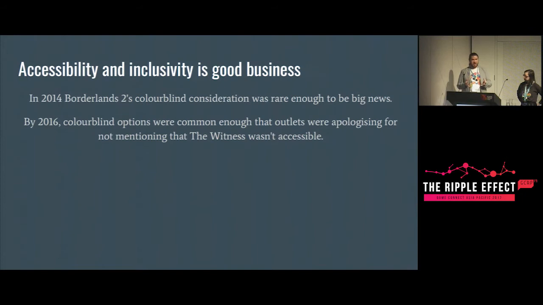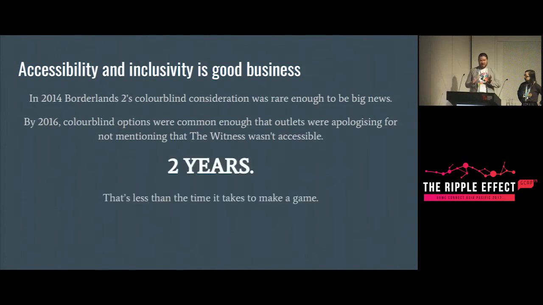There's a section in that game that requires normal color vision to perceive the puzzles properly. That's 2 years difference between including it at all being groundbreaking and not having it being a reason for bad reviews and public apologies. That's less than the time it takes to make most games. It's less than the time I spend on either of my games.